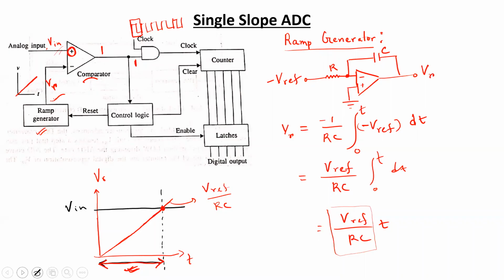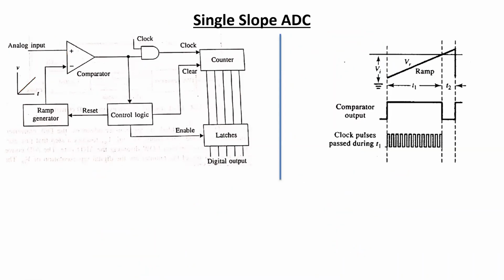So graphically, it is again represented over here. So this straight line is representing the ramp signal, and this constant line is representing the input voltage. So before the ramp signal is equal to the input voltage, the comparator output is high, and as the comparator output is high, the AND gate is passing the clock pulses towards the counter, and the counter is increasing its count upon receiving each pulse.